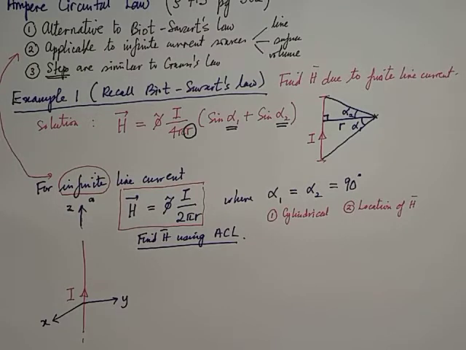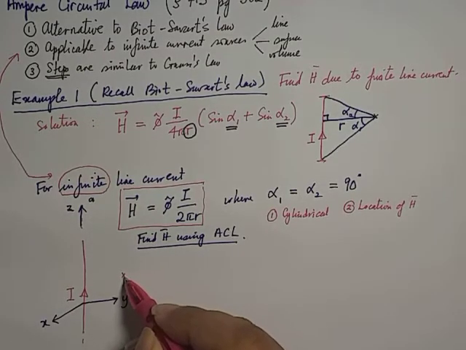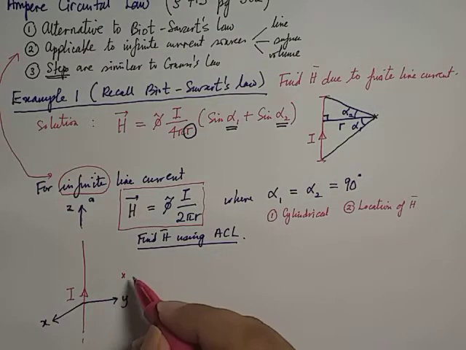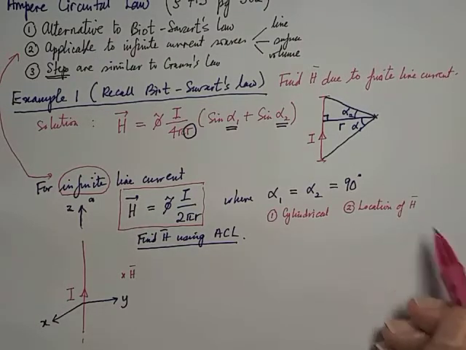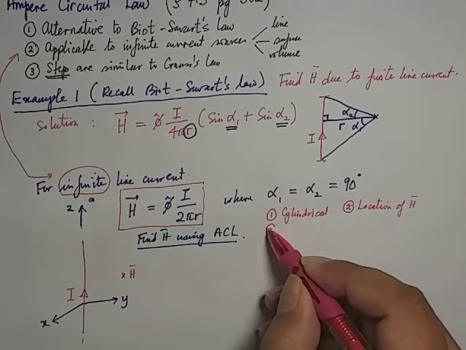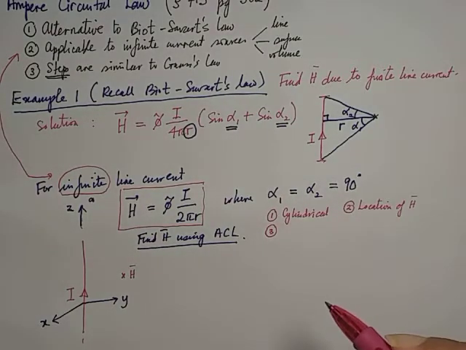Okay, so where is it, our location? Let's say here. Okay, it's quite similar to the one that we did when we solved Gauss law before. So here. Okay, so what is it? This is our location of H. So this location of H. Okay, number 3. Okay, in Gauss law, we must build a Gaussian profile.